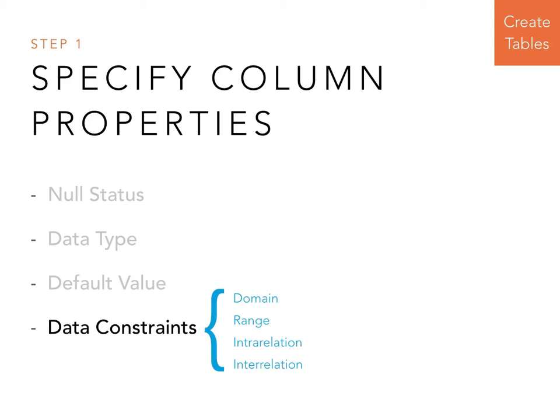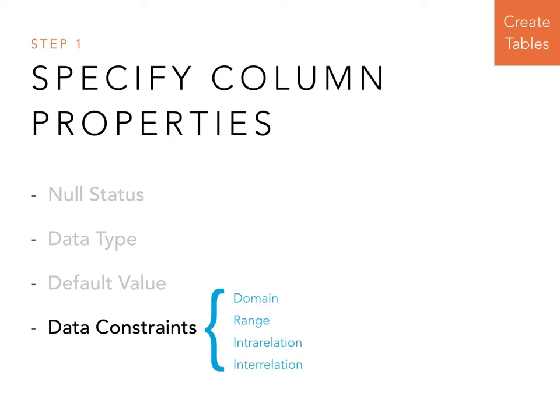The other two that he points out are intra-relation constraints. So this is when column values are limited by comparison to values in other columns of the same table. There are constraints on this column because of other columns in this table. That's a little bit like that default value that we saw before, where the item prefix was P if item category was, what was it, perishable, that kind of thing.